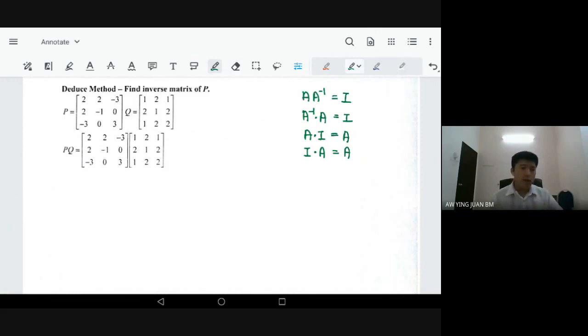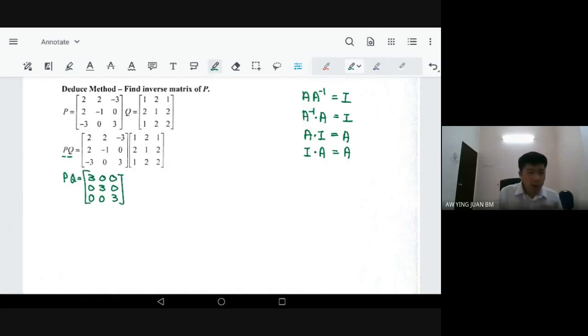So let's move on to the left hand side. We have the matrix P multiplied with the matrix Q. Previously, we already discussed this in question A. So PQ is equal to 3, 0, 0, 0, 3, 0, 0, 0, 3.